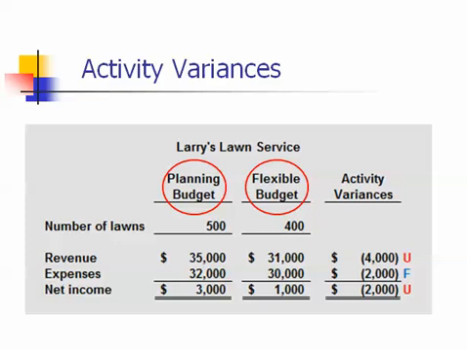So the $4,000 will be an unfavorable variance. But we would have also anticipated $2,000 less in expenses. So this $2,000 difference will be a $2,000 favorable variance. Overall, our net operating income is $2,000 less than we had expected, which means overall our activity variance was unfavorable by $2,000.